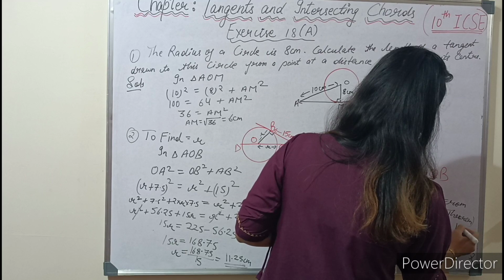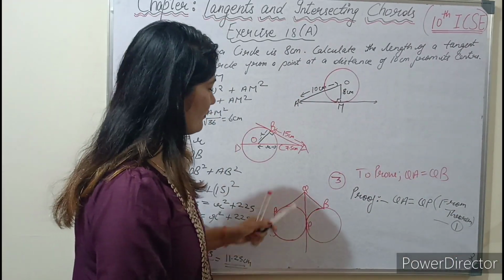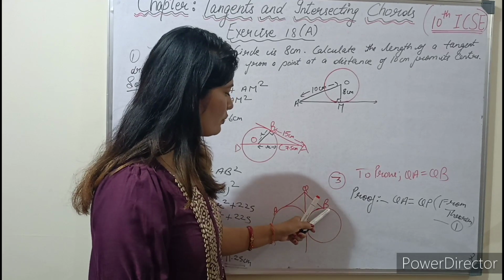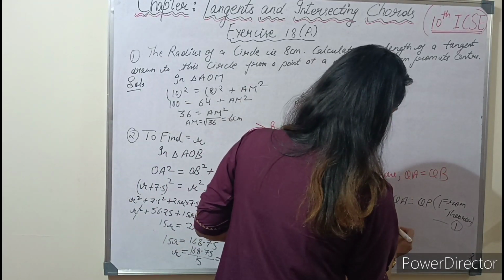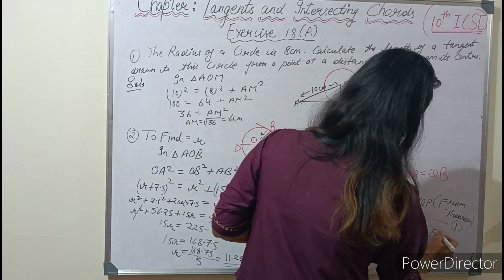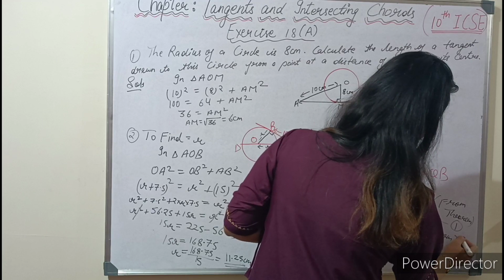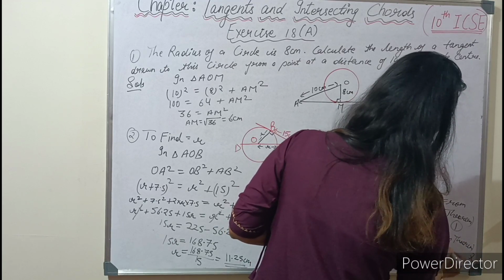So this will be your equation 1. In the similar way, we can say that tangent QB is equal to tangent QP. This is again from the theorem. So this will be equation 2.